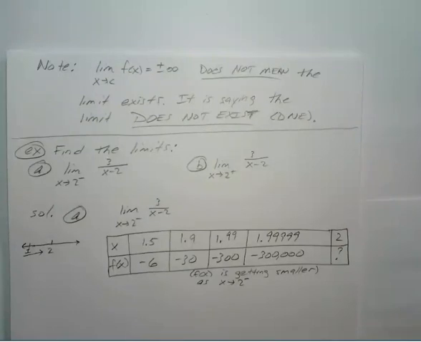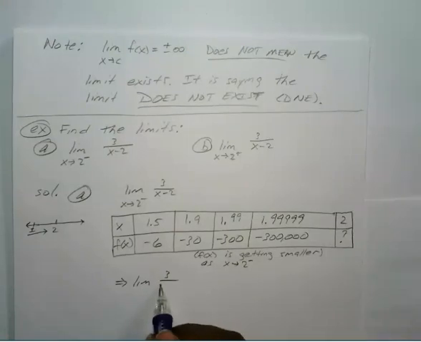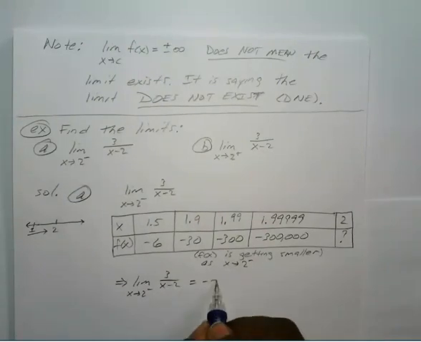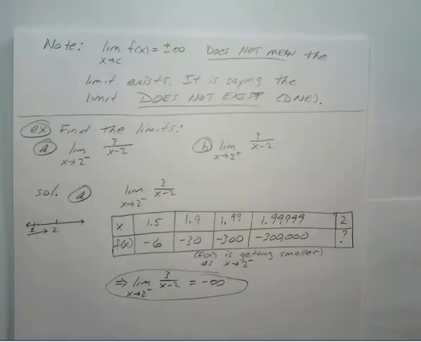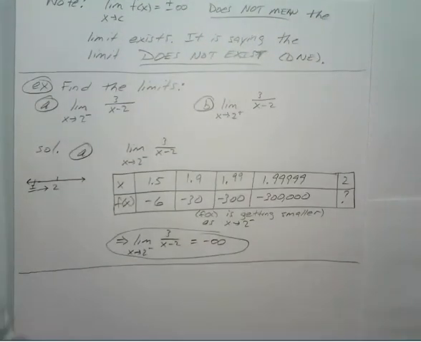Since f of x is getting infinitely smaller the closer we get to 2 from the left, that means the limit of 3 over x minus 2 as x approaches 2 from the left is equal to -infinity. Alright, so we have that one down. Let's go ahead and tackle B.